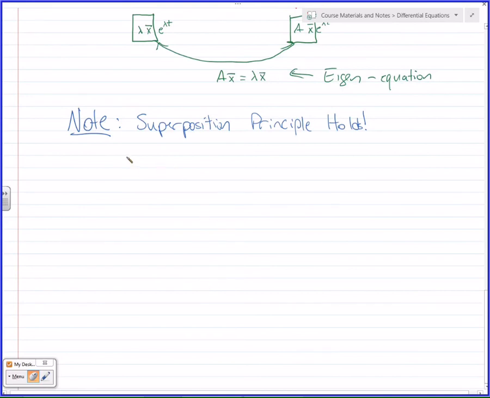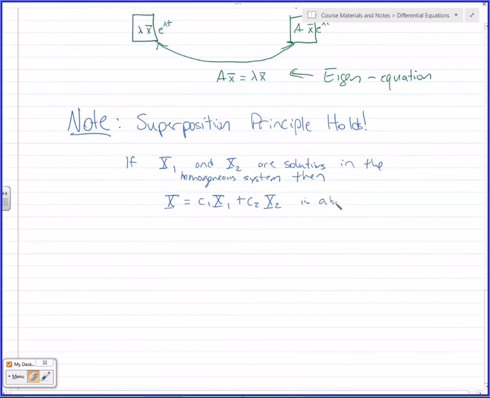What that means is that if x1 and x2 are solutions in the homogeneous system, then x equals c1 times x1 plus c2 times x2 is also a solution to the homogeneous system.